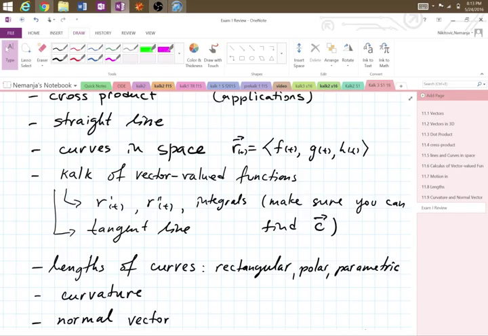Curves in space. For curves in space, we said that's the vector r. For 3 dimensions, we'll have 3 components, and each one of those is its own function.